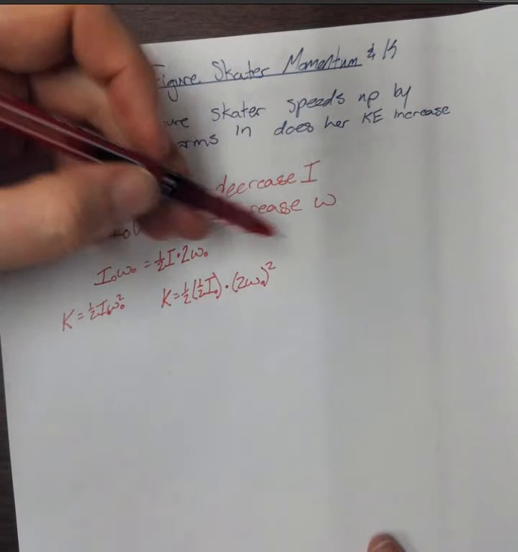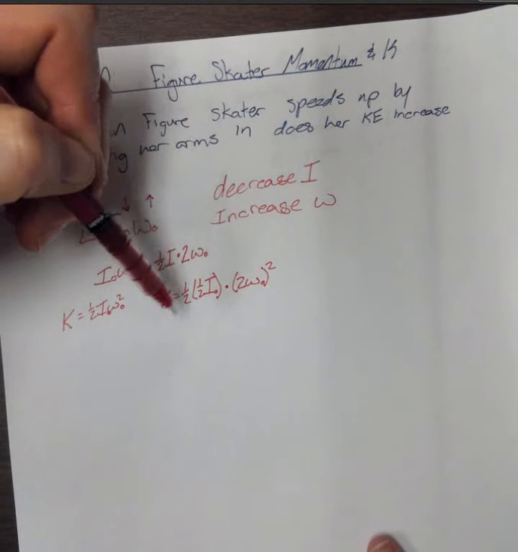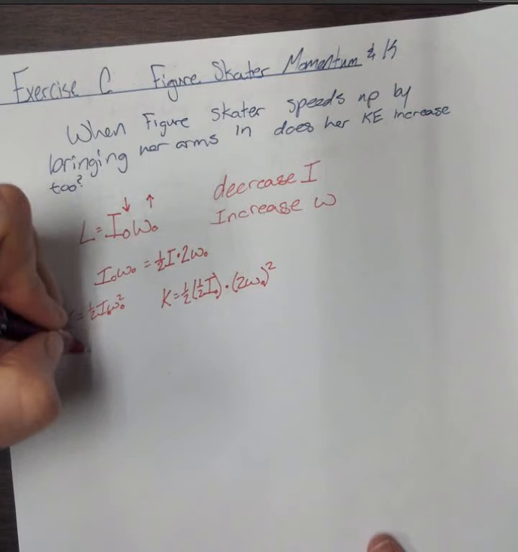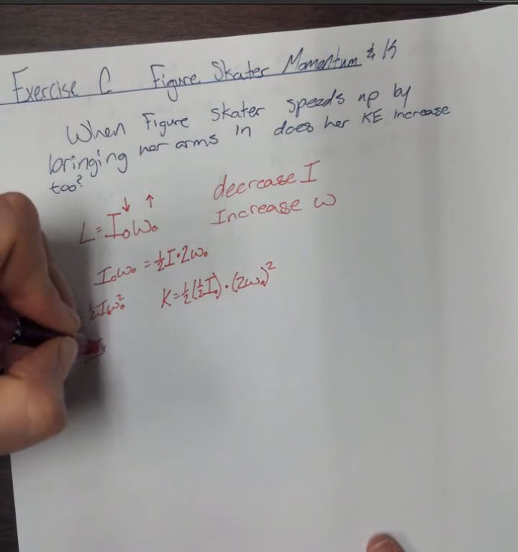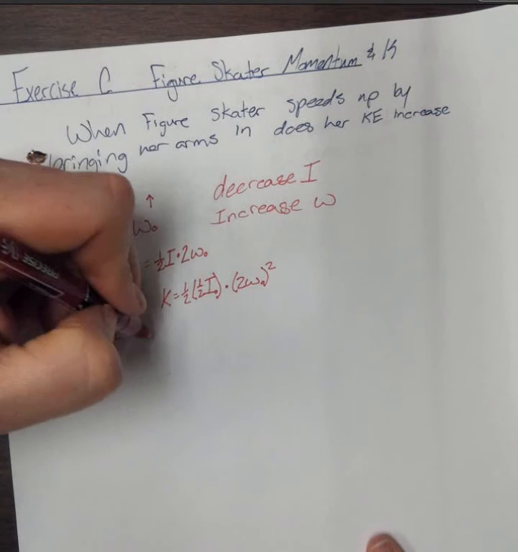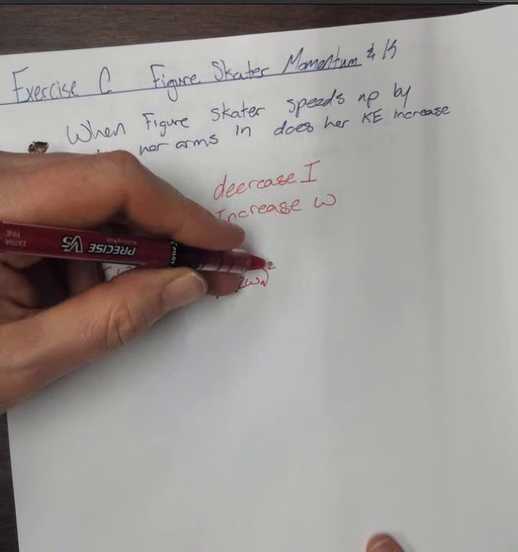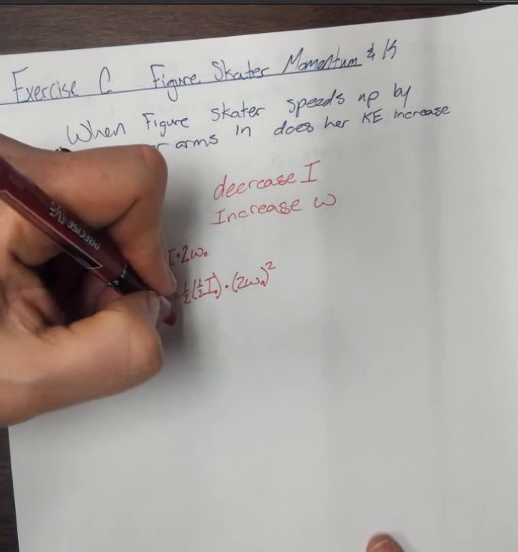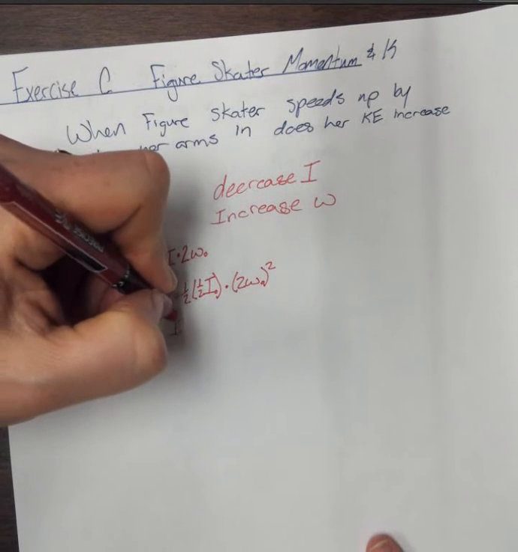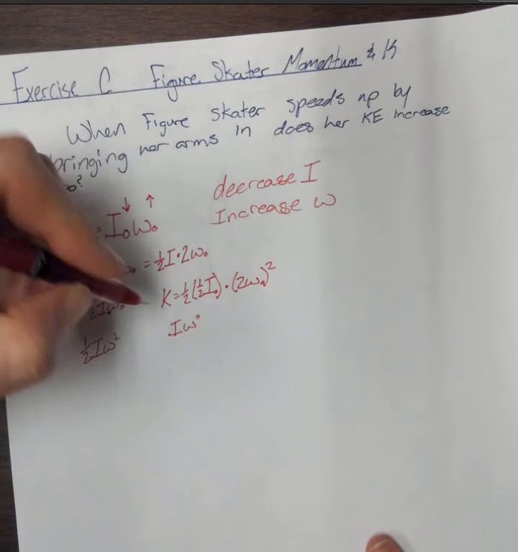And that's not a direct relationship, that's a squared relationship. So while this equals 1/2 I omega squared, this is going to equal 1/2 and 1/2 is 1/4, and 4/4 is I omega squared by comparison.